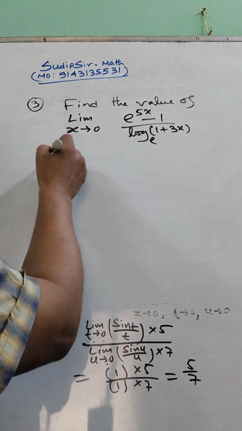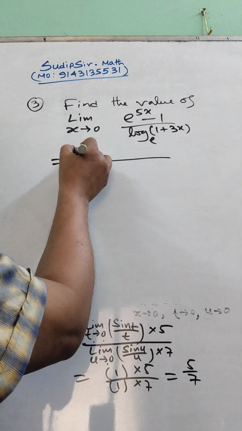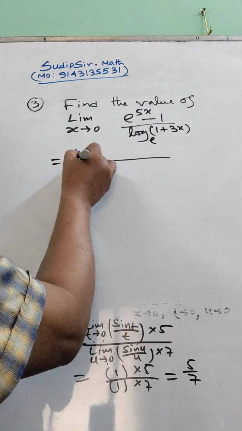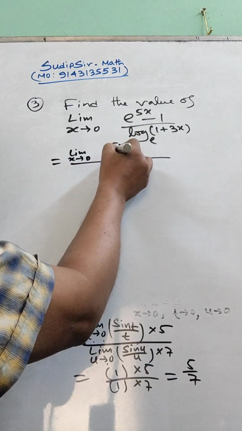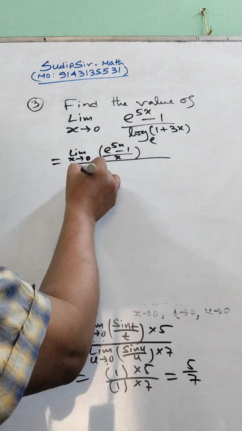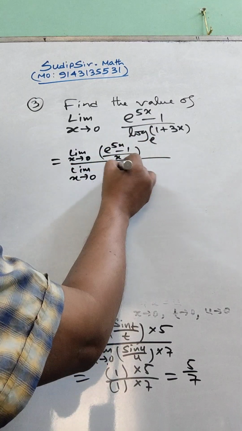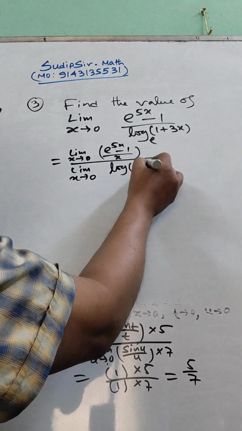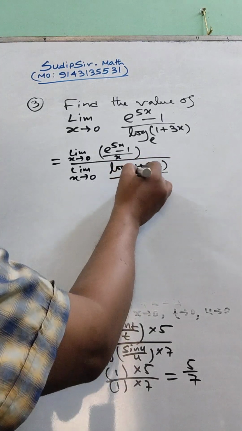First, we have to write limit x tends to 0, e to the power 5x minus 1 by x, and limit x tends to 0, log of 1 plus 3x by x.